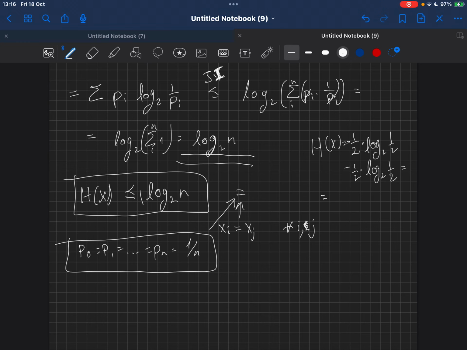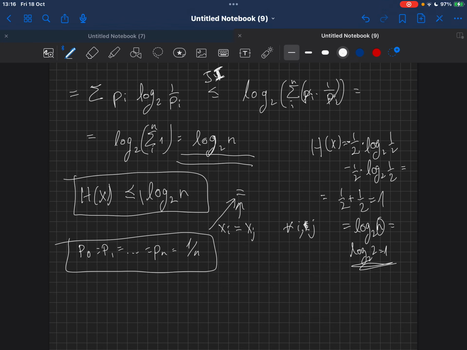So if you think of this value, this is half plus half, and you get 1. And this is exactly log base 2 of n, and because we have two options, it's log base 2 of 2, which is 1.